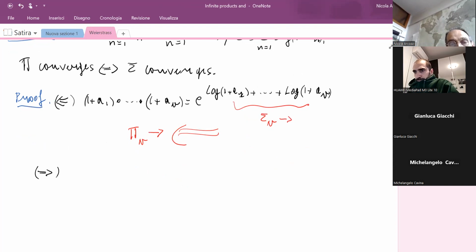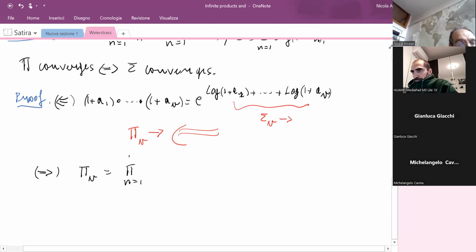The point is that if I consider the fact that pi_n, which is the product for 1 to n of p_n, recall that p_n and 1 plus a_n is the same thing, converges.